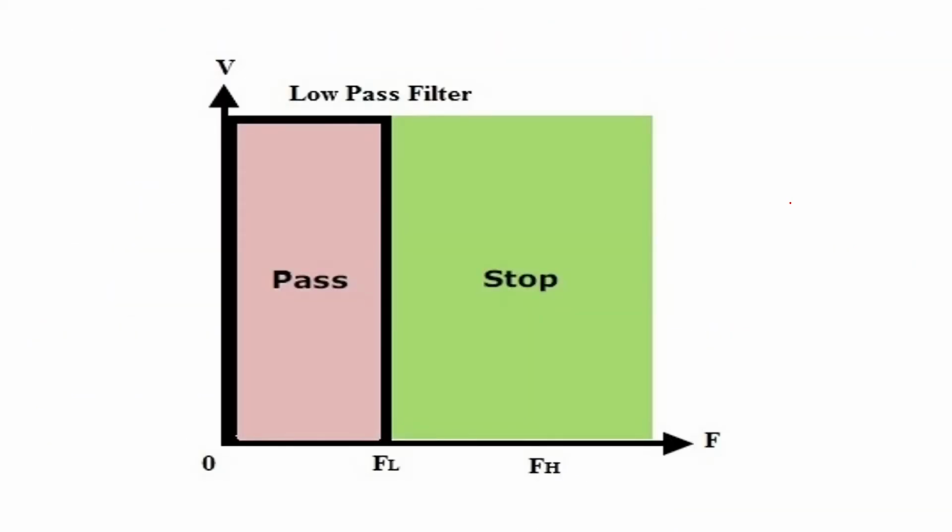If you see the ideal frequency response for a low pass filter, as I've told you earlier, you will have a cutoff frequency here. If this is your cutoff frequency, then ideally below the cutoff frequency, this will be your pass band, that is from 0 till the cutoff frequency, and above the cutoff frequency you will have the stop band.